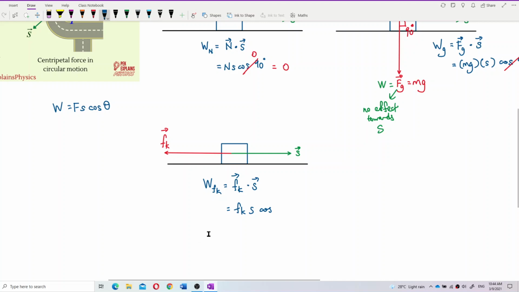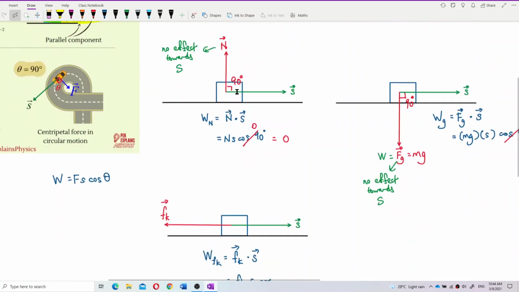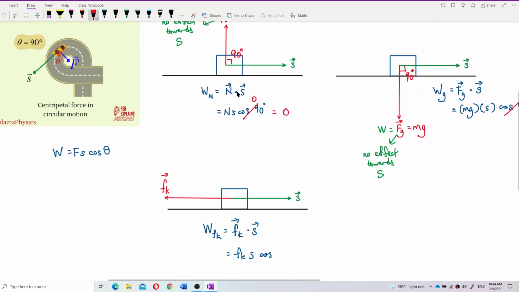What's the angle between friction and displacement? They are parallel to each other but in opposite directions, isn't it? So the angle is actually 180. It's not 0.